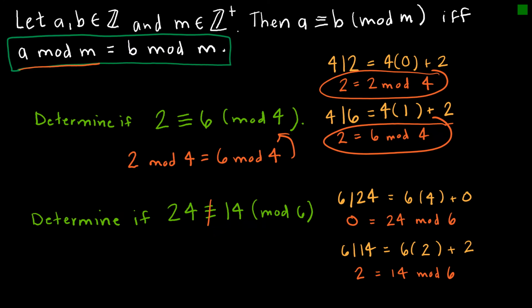And obviously, these values are not equal. Therefore, 24 mod 6 does not equal 14 mod 6. And therefore, we can say, again, that 24 is not congruent to 14 mod 6.